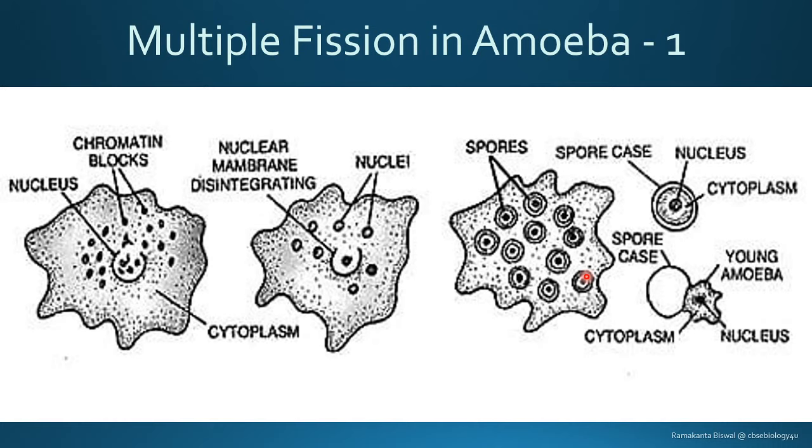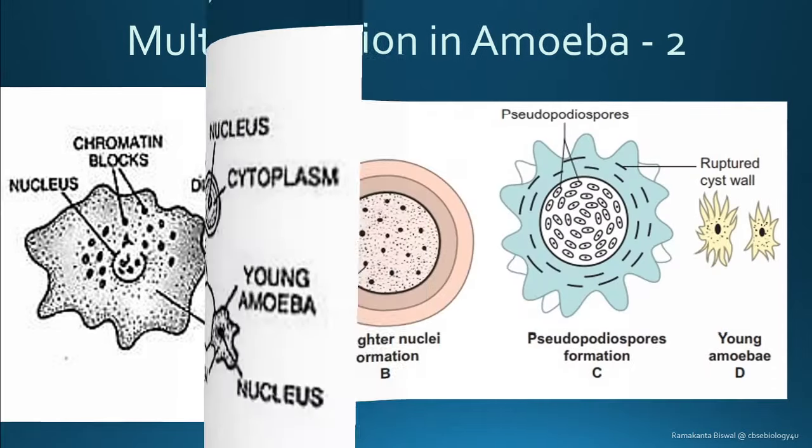Now once the spore is formed, when the favorable condition is back, this cyst wall is broken. The cyst wall formation process is called encystation, and when the cyst wall is broken, the spores are released. The spores have a spore case which breaks open, and then the young amoeba develops.